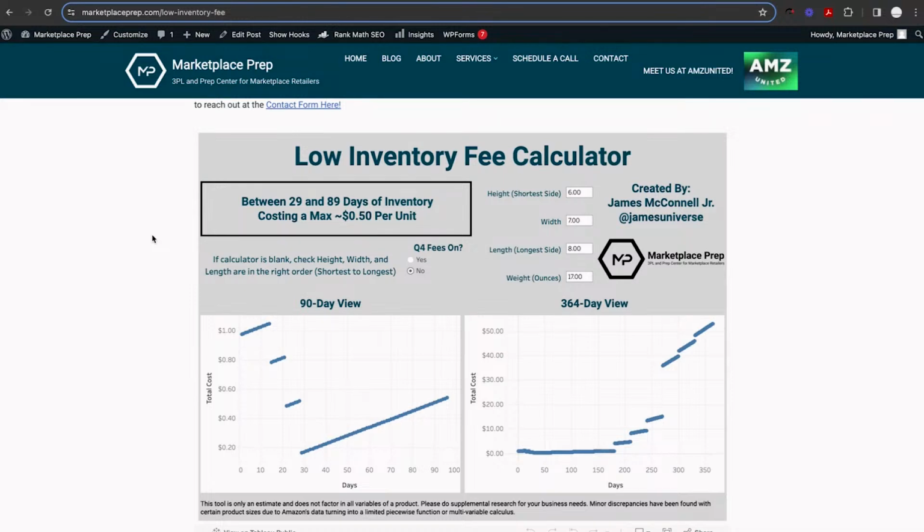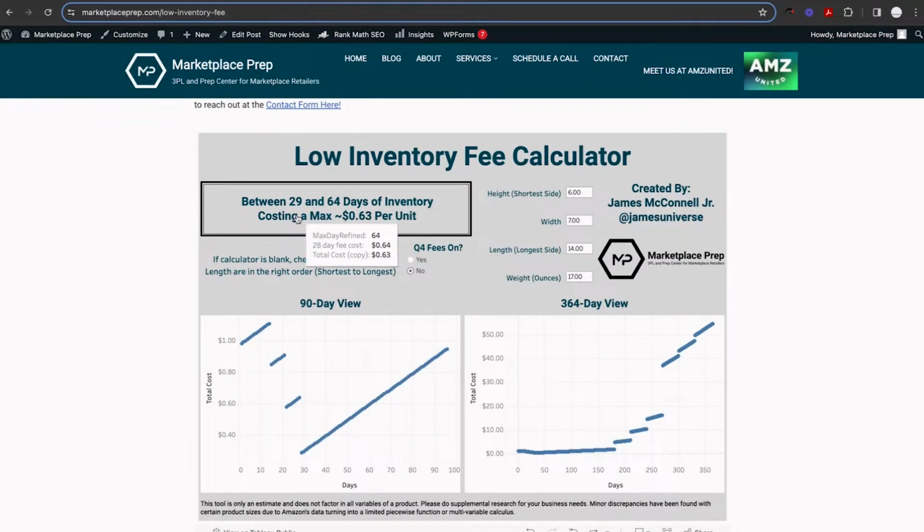Now, you could change these numbers. So let's change this one to 14. Change it from 29 to 64 days. It changes things pretty dramatically. This chart here is also a very good indicator, basically screaming at you saying, do not stock over 271 days of inventory, because this total cost column is per unit.